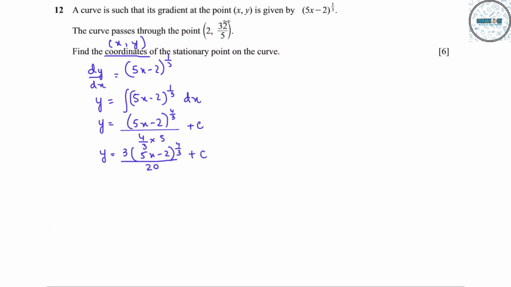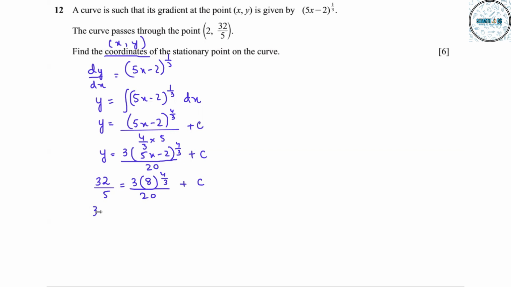Now to take out the value of c, we have here x is 2 and y is 32 upon 5. So we will substitute: 32 upon 5 is equal to 3 into, when we substitute 2 here, 2 5s are 10, 10 minus 2 is 8, it will be 8 power 4 upon 3, plus c.